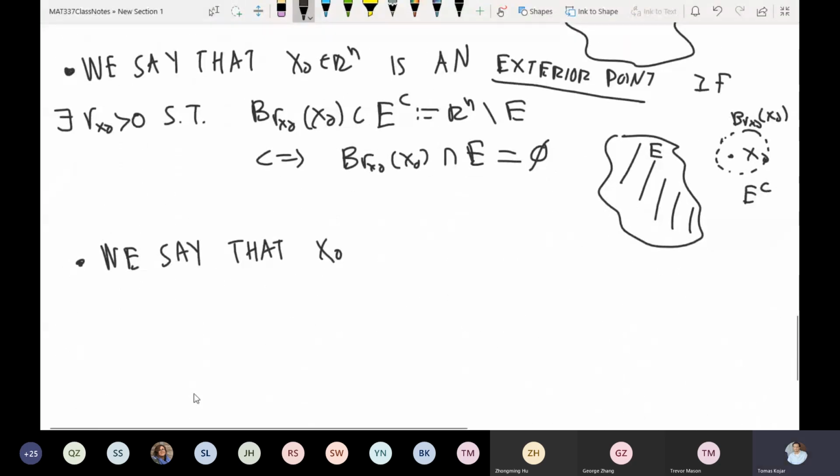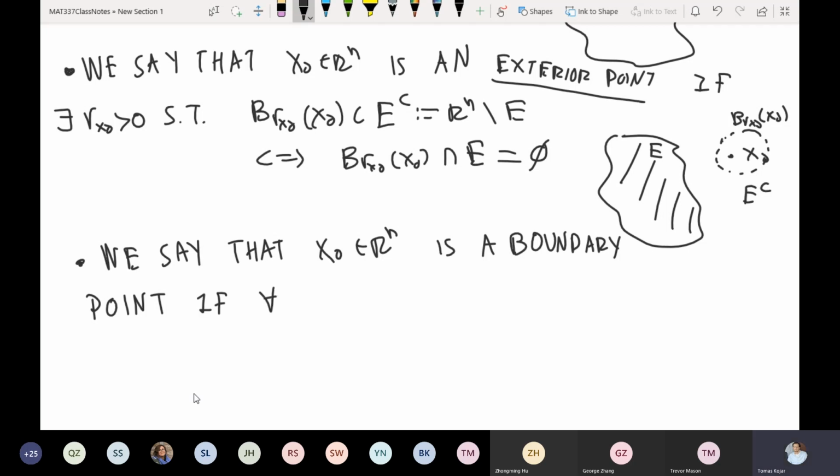We say that x naught is a boundary point if for all radius R you have the following picture.